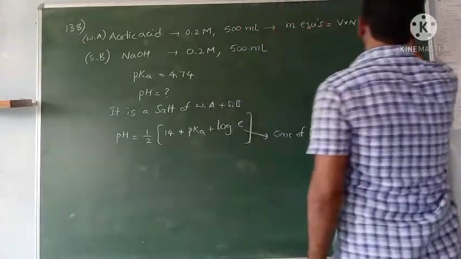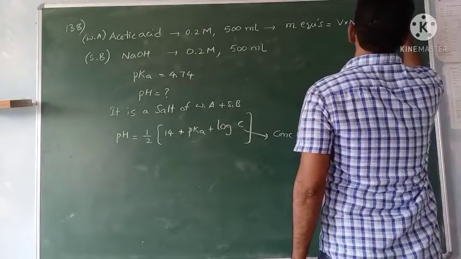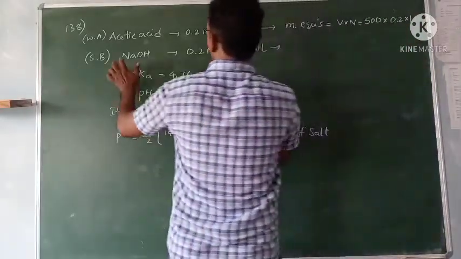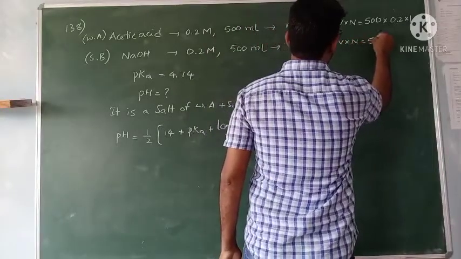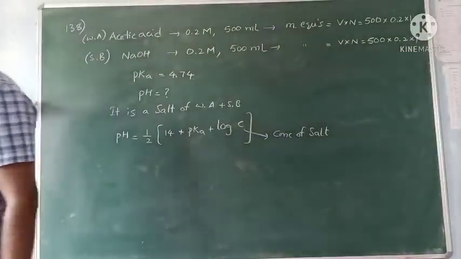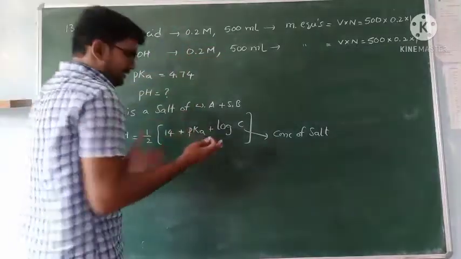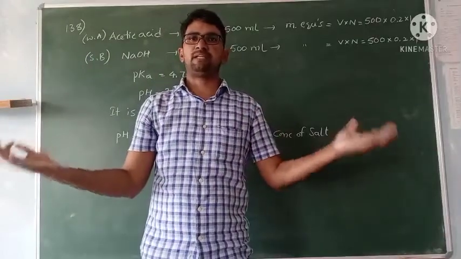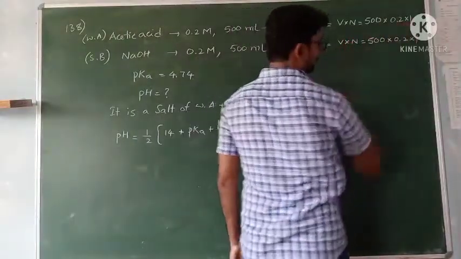500 into normality, which means molarity into n factor, 0.2 into 1. For milliequivalents of NaOH also, V into N, that is 500 into 0.2 into 1. Both have equal milliequivalents. That means if these two are mixed, if 20 acids are present and 20 bases are present, how much salt is formed? 20 only. Similarly, these two are the same.